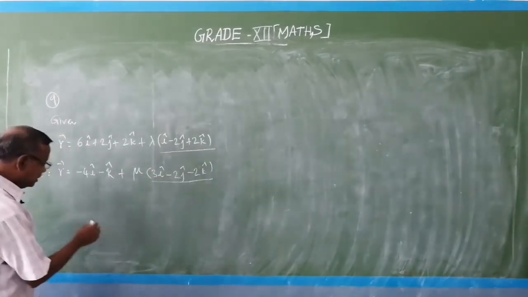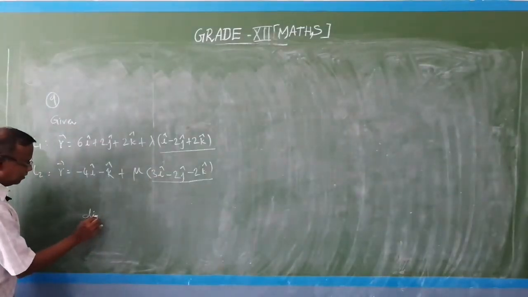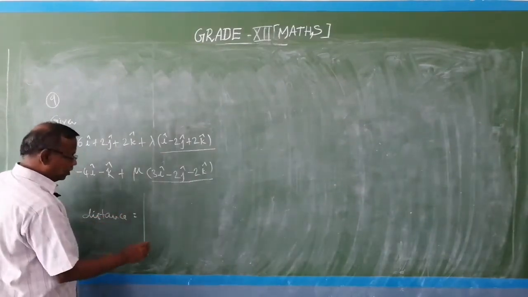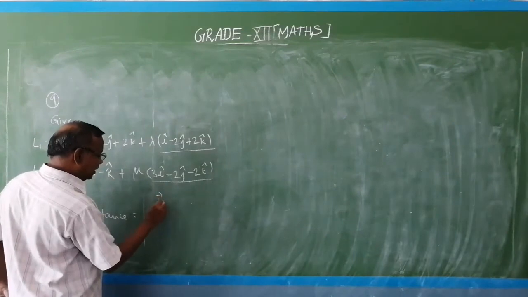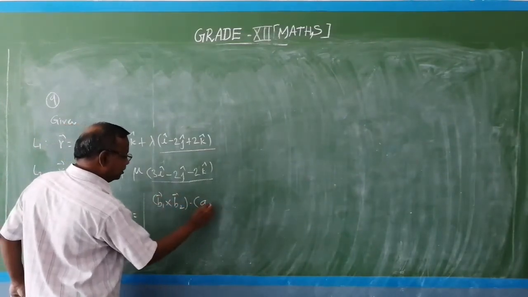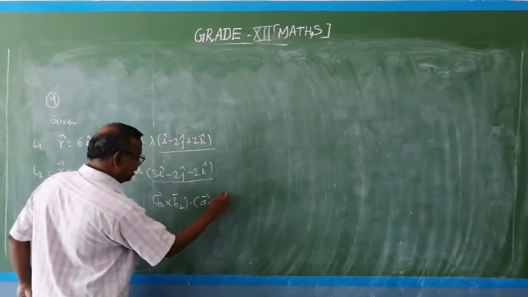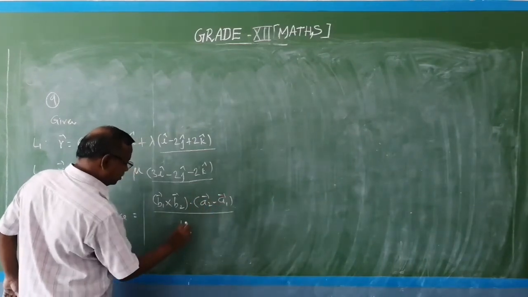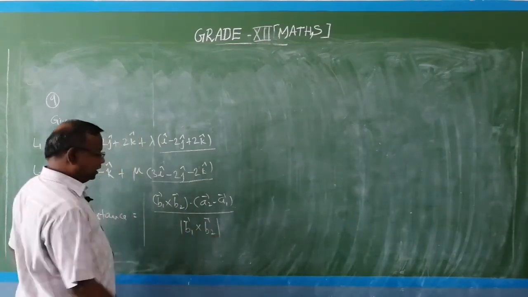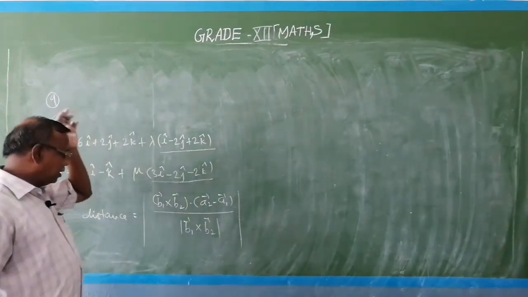For skew lines, we know that the distance is the modulus of b1 vector cross b2 vector dot a2 vector minus a1 vector, divided by the modulus of b1 vector cross b2 vector. Straight away you can use this formula.